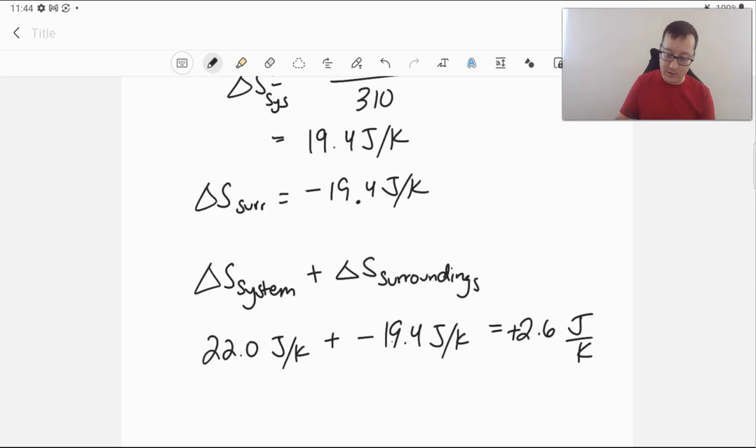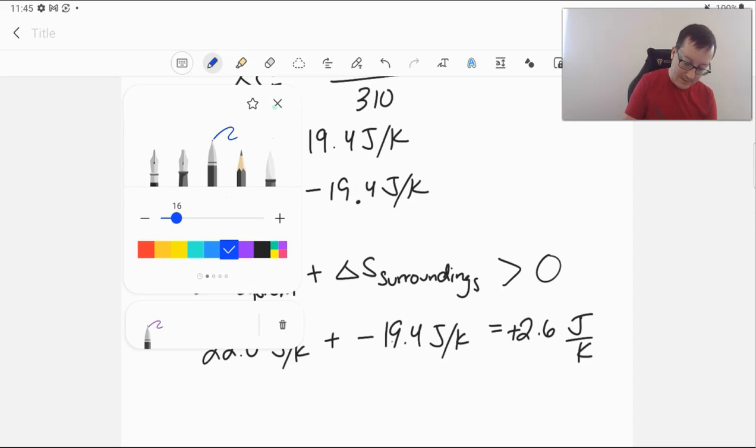And we're going to note that for a spontaneous process, the delta S of the system plus the surroundings must be greater than 0. That is going to be for an irreversible spontaneous process.